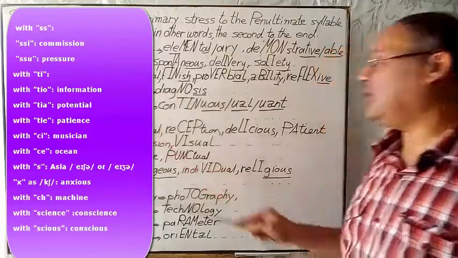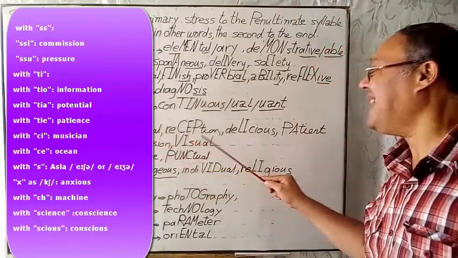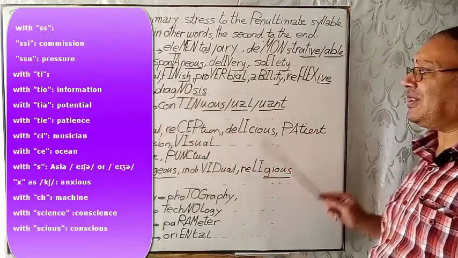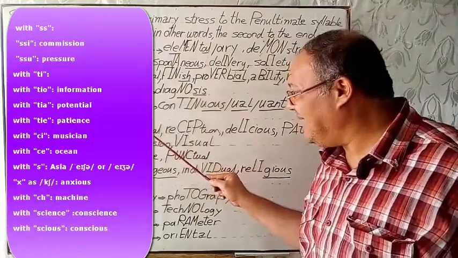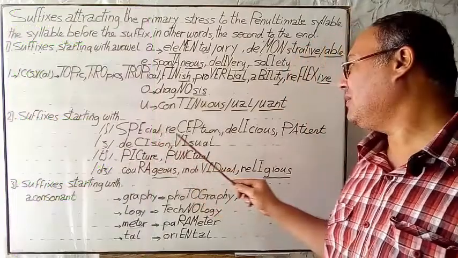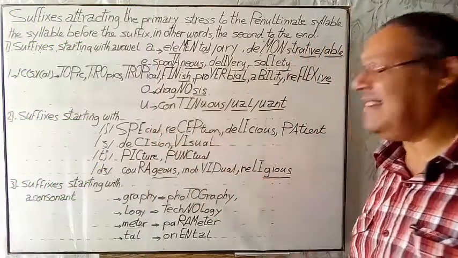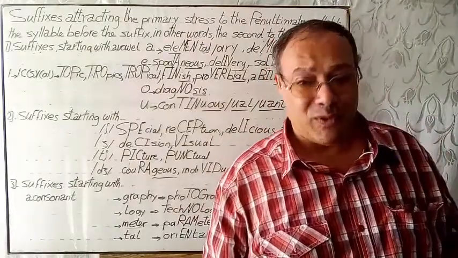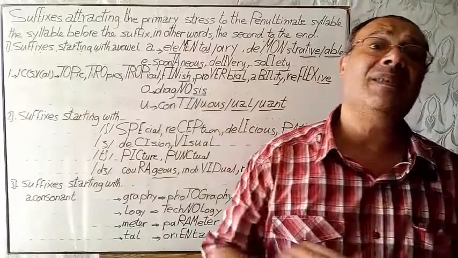A special, reception, delicious, patient. So we have CIAL, TION. Here I'd like to clarify a very important piece of information. We have invent.